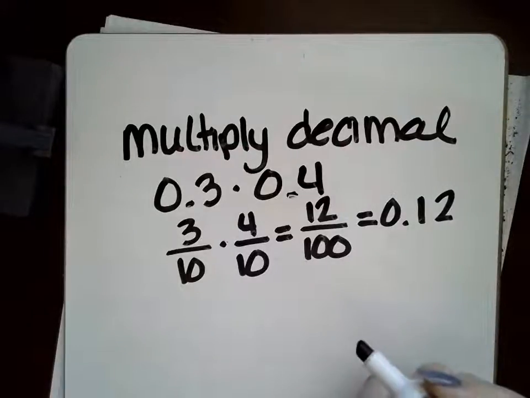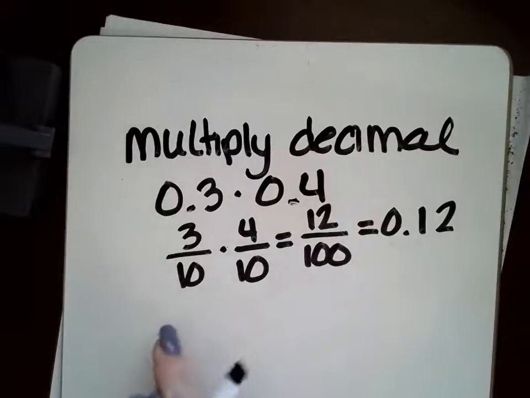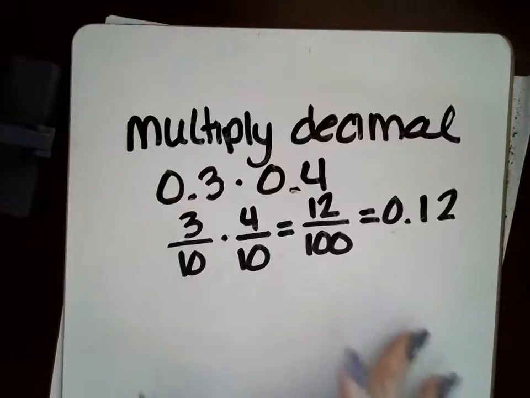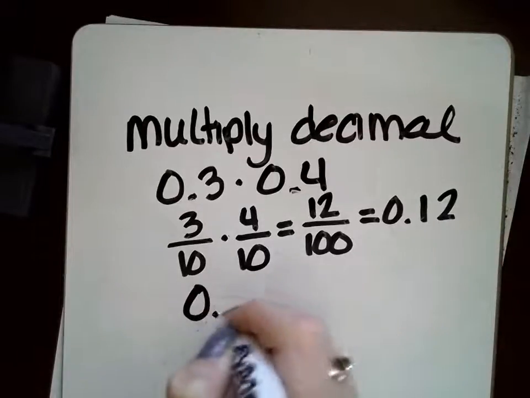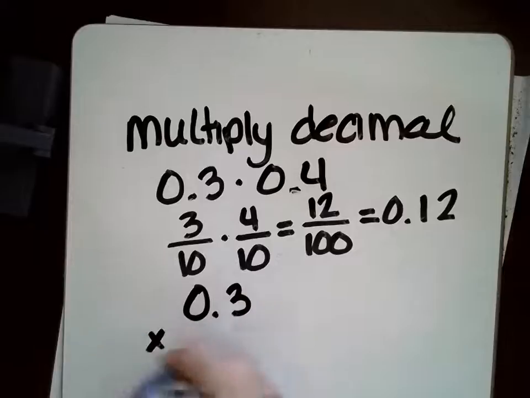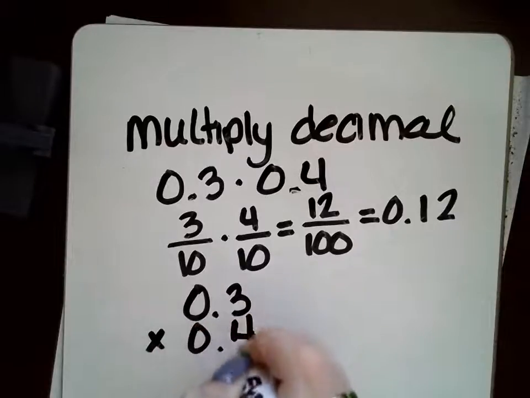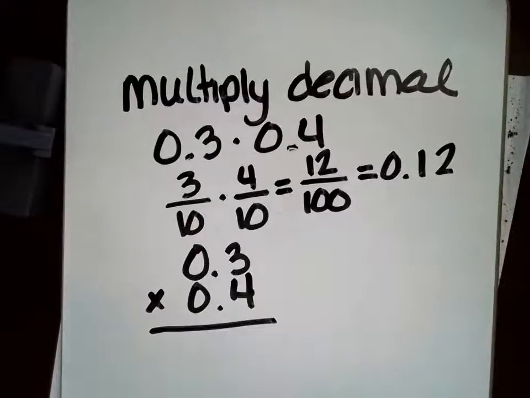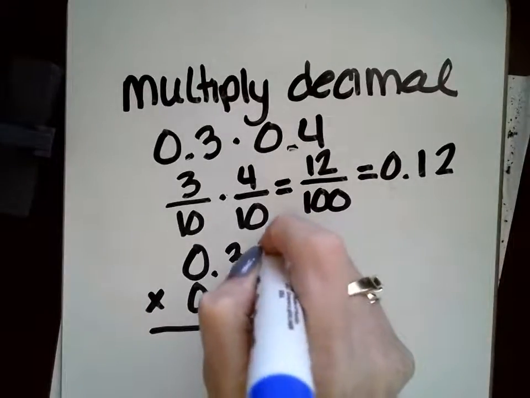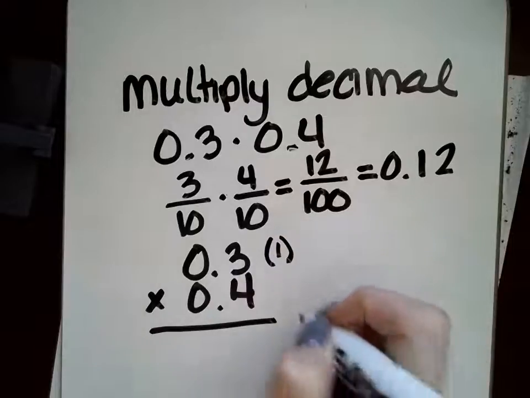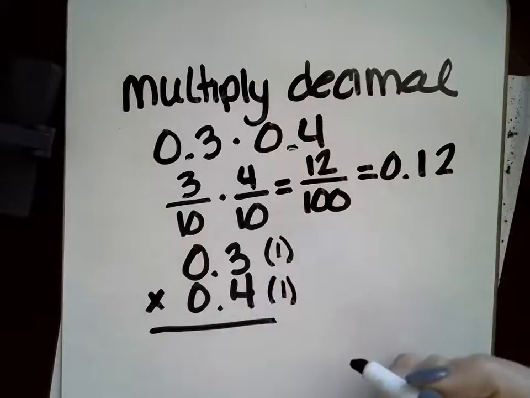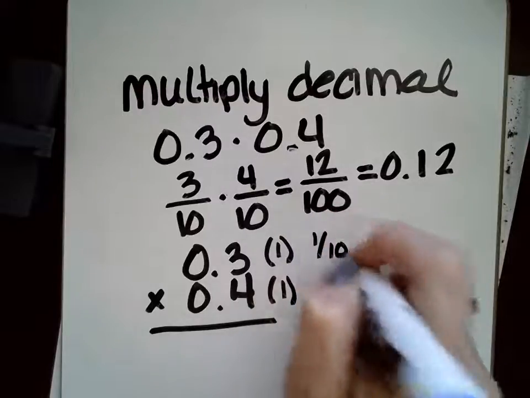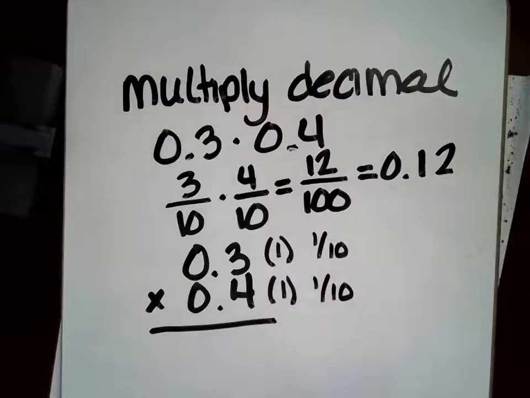The reason for that is because, remember, when we're multiplying fractions, we have to multiply the denominator straight across. So if we were going to carry this out as a regular multiplication problem, instead of turning them into fractions first, we notice that this has 1 decimal place, this has 1 decimal place. Or we could say, this is in our tenths place, this is in our tenths place.